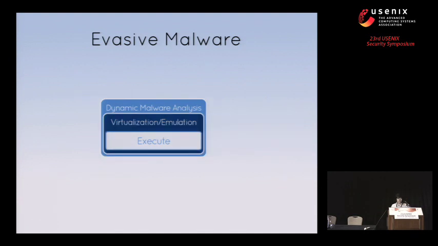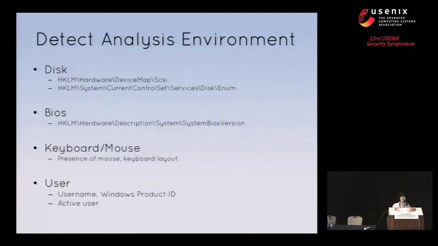So how do they detect these analysis systems? As in our previous talk, we saw a lot of techniques related to QEMU or emulated CPU. Basically, they try to detect components that are virtualized or emulated and that are part of the analysis system, such as trying to look for a virtualized disk, virtualized BIOS, or maybe looking for some specific keyboard layout or presence of a three-button mouse.